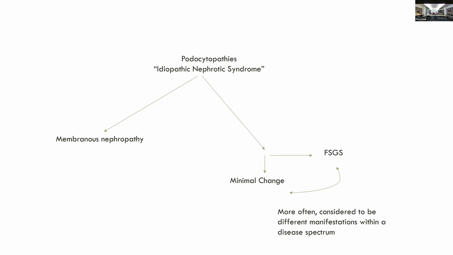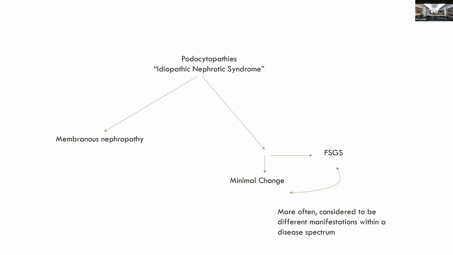Certainly they have different pathologic appearances, and for the boards, minimal change and FSGS are separate entities, but I want you guys to know that more and more these days, they're seen as the same process essentially, or just different manifestations within a similar disease spectrum. To sum that up, people see them as the same disease, just at different points on the spectrum.